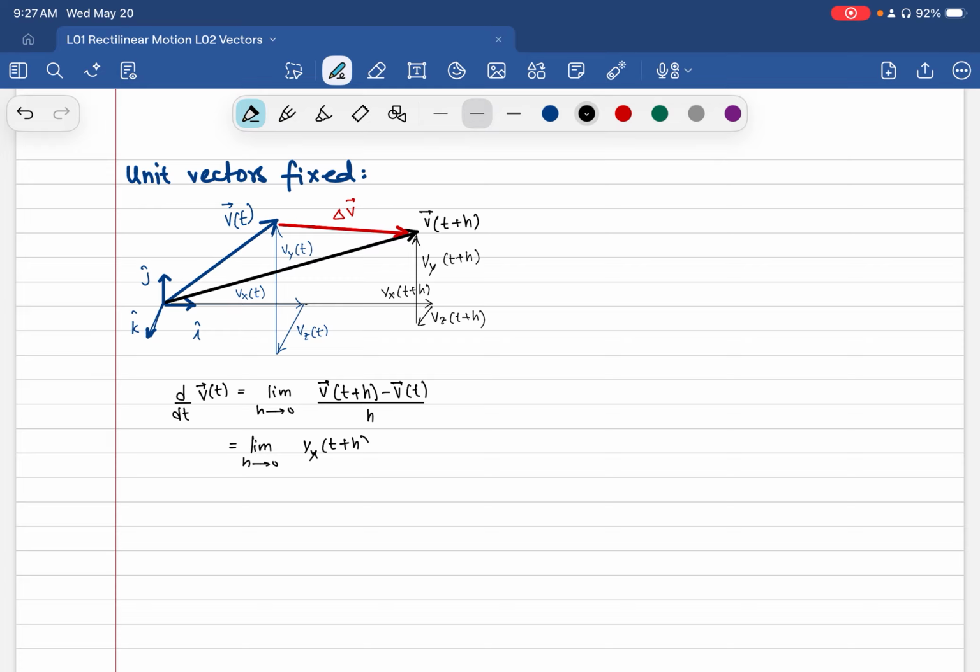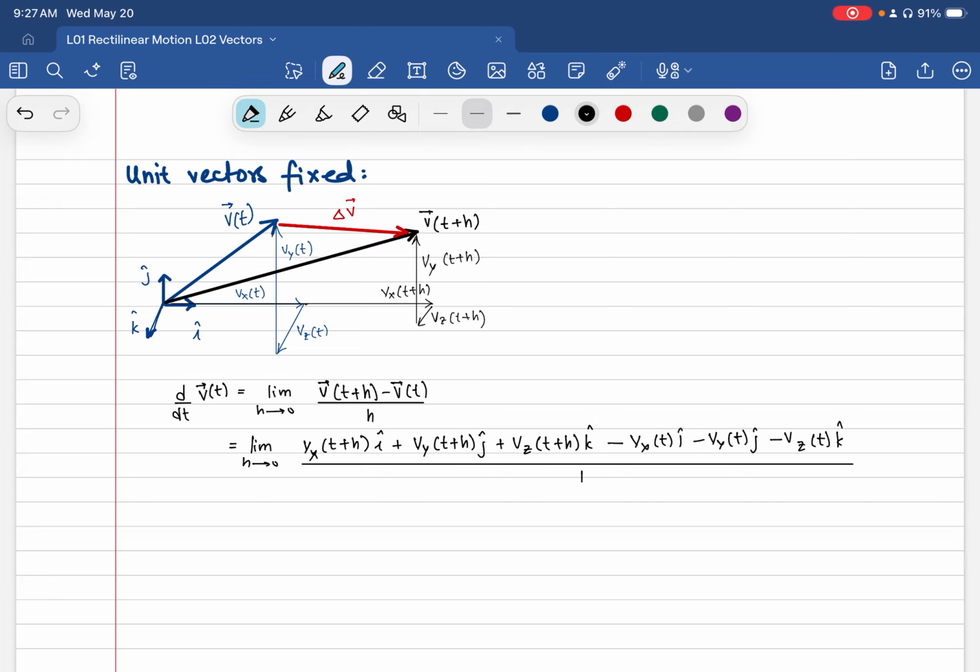Vx of t plus h along I hat plus vy t plus h along j hat plus vz t plus h along k hat minus vx of t I hat, vy of t j hat, vz of t k hat. Remember that this is all divided by h.